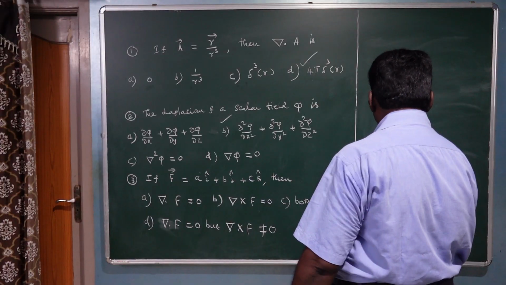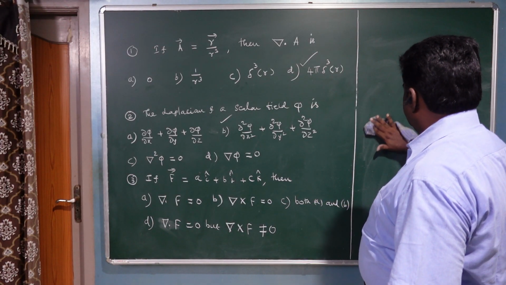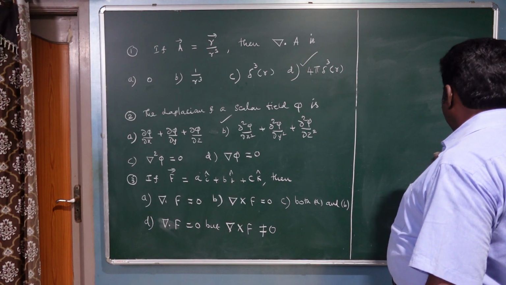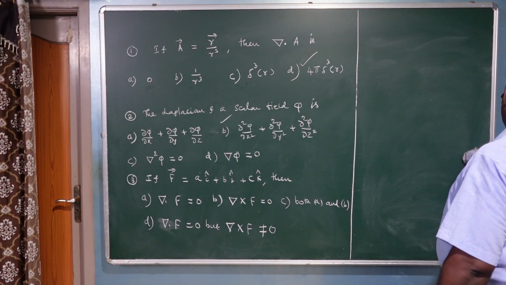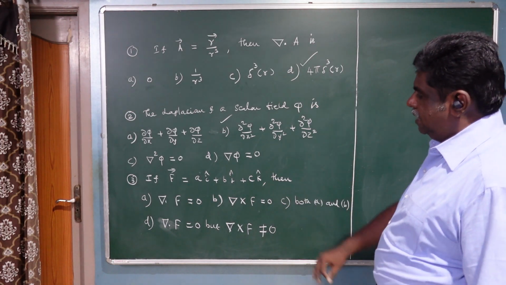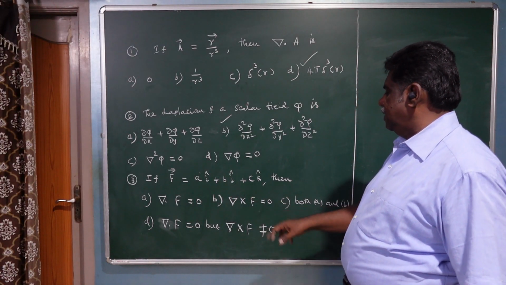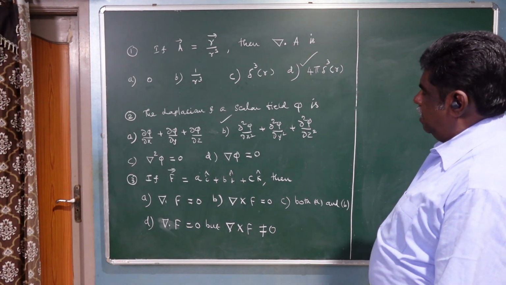Option D, del dot f is equal to 0, but curl f is not equal to 0. First of all, we should understand the nature of the vector. It is a constant vector. a into i plus b into j plus c into k is a constant vector.